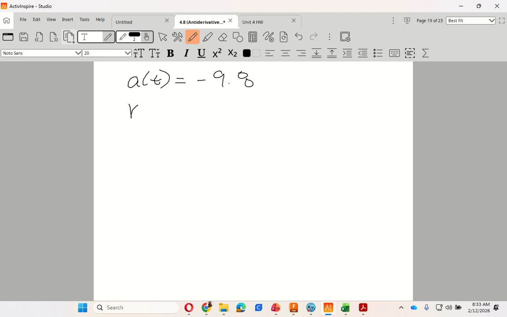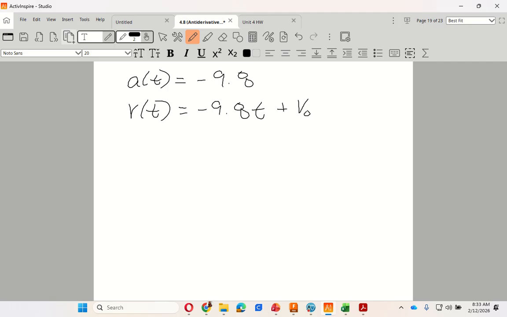So V of t is going to be negative 9.8t. Anything else? Plus c. But in this case, c is going to be specific for this problem. So it's actually going to be plus my v sub naught, which is my initial velocity. That's where we get that.